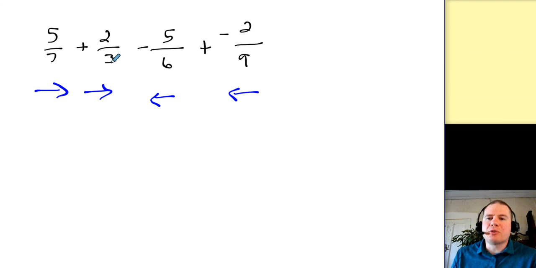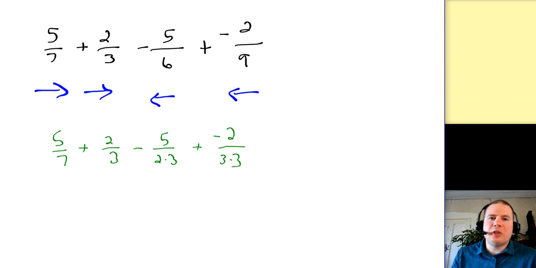Now I notice 3 and 6 and 9 all have a common factor. So I want to exploit that from the beginning. I want to think about these. Let's switch colors here. 5/7, 2/3 prime number, 5, 2 times 3, negative 2, 3 times 3.